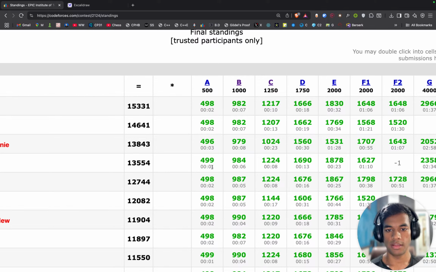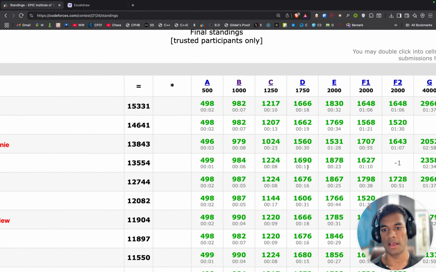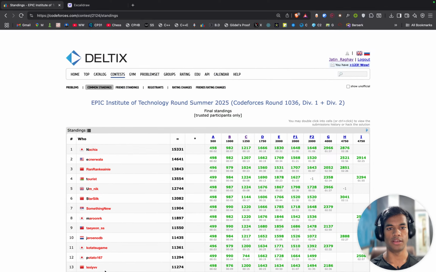So he did the first problem in 1 minute, and after that, he did the second problem in 5 minutes, that is 6 minus 1. And he did the third problem in 8 minus 6 minutes. That is this one he did in just 2 minutes, and this one he did in 5 minutes. So that is pretty cool.